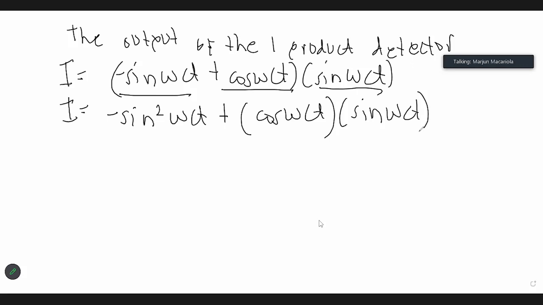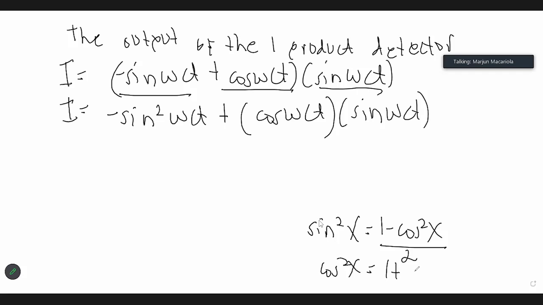Okay? Then, using trigonometric identity, sine squared x is equal to (1 minus cosine 2x) over 2, and cosine squared x is equal to (1 plus cosine 2x) over 2. Okay?